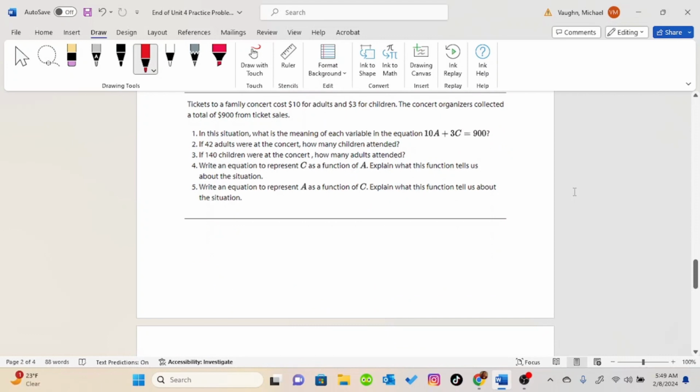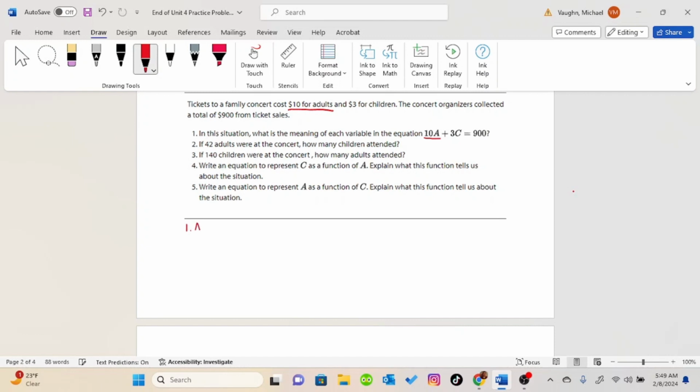Tickets to a family concert cost $10 for adults and $3 for children. The concert organizers collected a total of $900 from ticket sales. In this situation, what is the meaning of each variable in the equation 10a plus 3c equals 900? We can see that the a is attached to the 10. And in the description, the $10 is associated with adults.